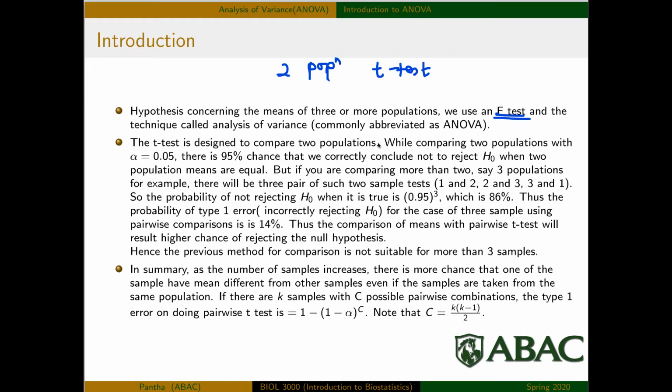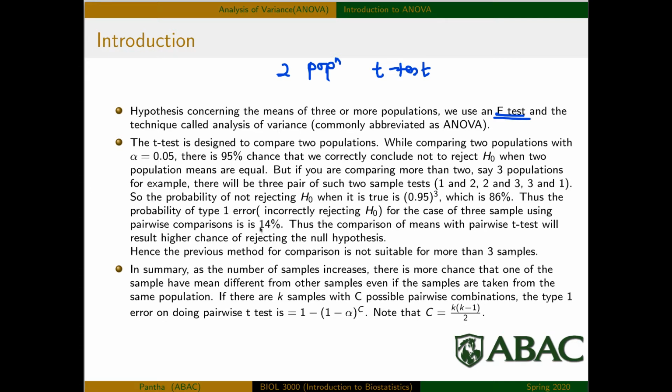But if you are comparing more than two, say three populations for example, there will be three pairs: population 1 and 2, 2 and 3, 3 and 1. So the probability of not rejecting H0 when it is true will be 0.95 to the power 3, which is almost 86%. Thus the probability of type 1 error, that is incorrectly rejecting H0, for the case of three samples using pairwise comparison is 14%.